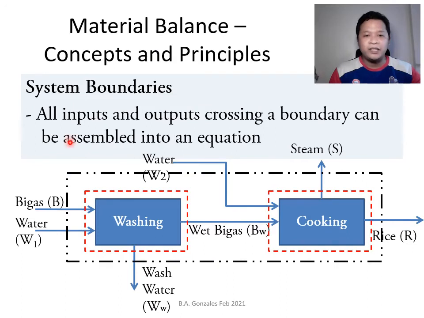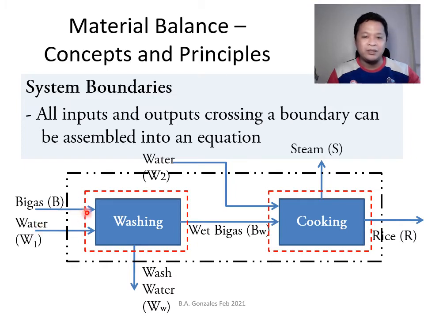So kung i-apply natin yung system boundaries dito sa pagsaing ng bigas, as you can see, there's an overall system boundary and overall mass balance there, yung black line. And then for each of the steps or processes, the washing and cooking, we have 2 boxes as well. So in this case, we can actually generate 3 equations. Again, for example, sa washing, on the left-hand side, you have B and W sub 1.